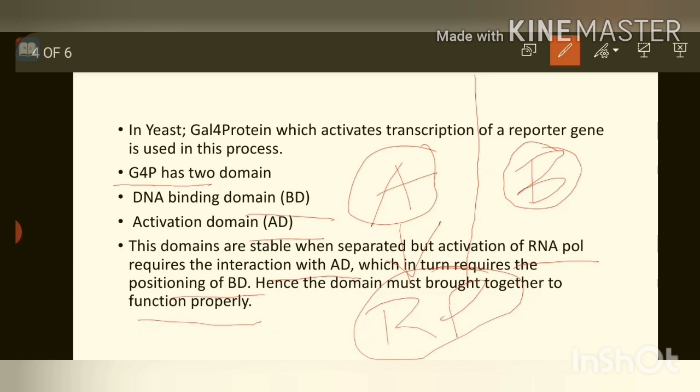This activation only occurs when the DNA binding domain binds with DNA and also interacts with the activation domain, and then the activation domain recruits the RNA polymerase and the transcription process begins.